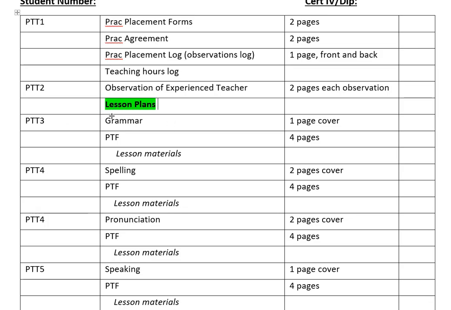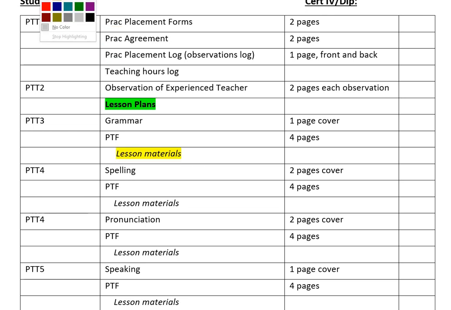So let's discuss what to include in the portfolio as part of your sessions. Every time you deliver a session, we need to include the lesson plan that you have designed, as well as the slides or lesson materials.